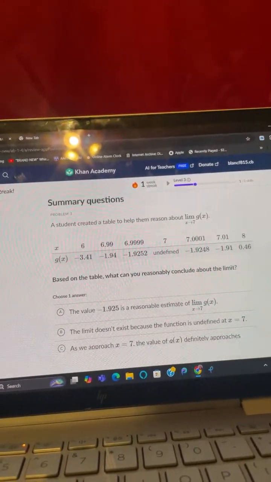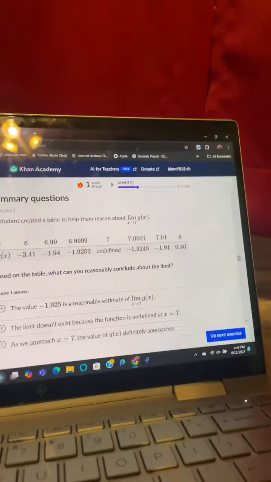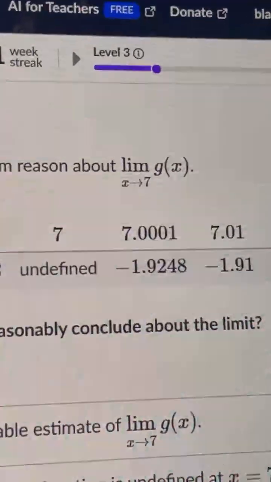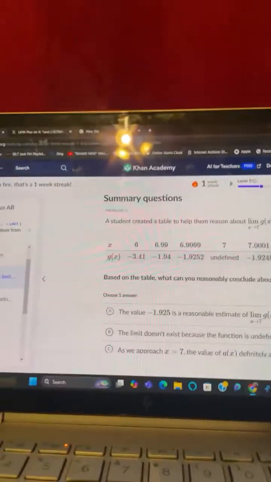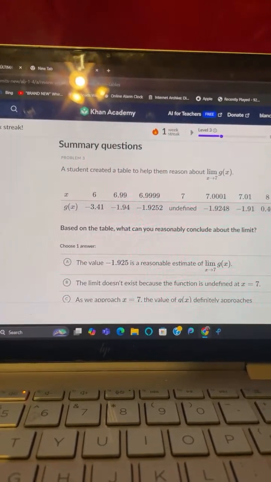A student created a table to help them reason about the limit of x as x equals 7. Okay, so based on the table, what can you reasonably conclude about the limit?